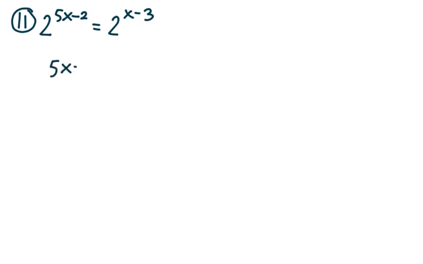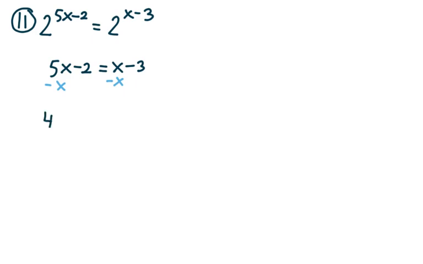Let's take a look at problem 11. So on problem 11, we have 2^(5x-2) equals 2^(x-3). So I'm going to match the exponents here. So 5x minus 2 is x minus 3. So I'm going to subtract x on both sides.